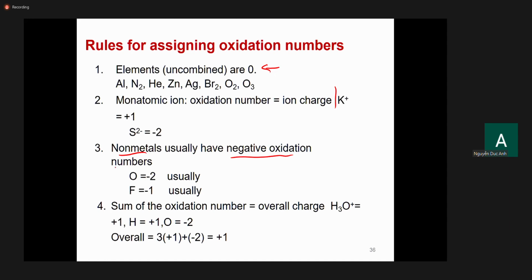Normally we will use the charge of some elements, like hydrogen is +1 and oxygen is -2, to calculate the oxidation numbers.